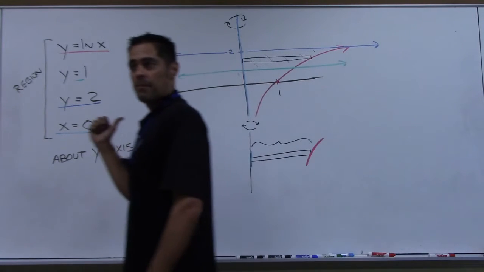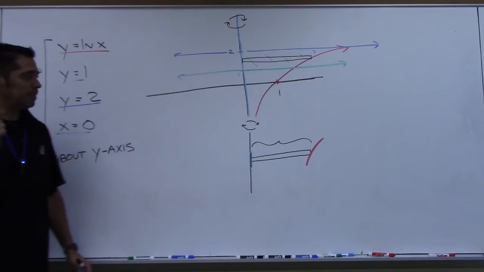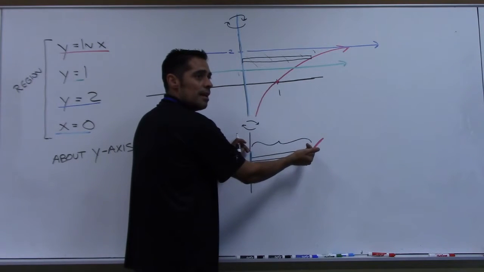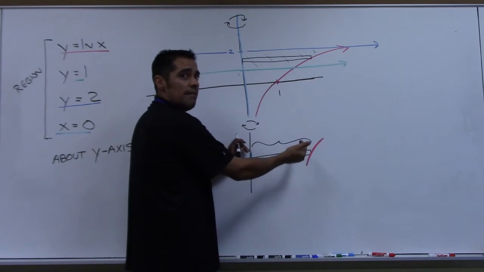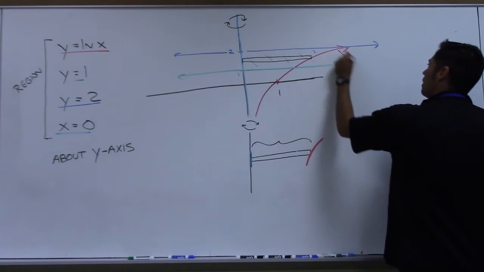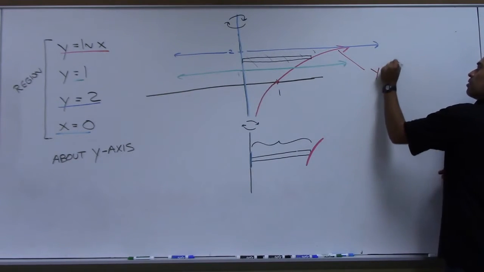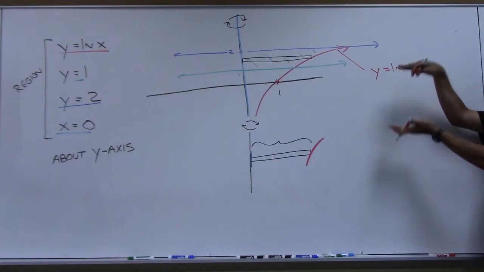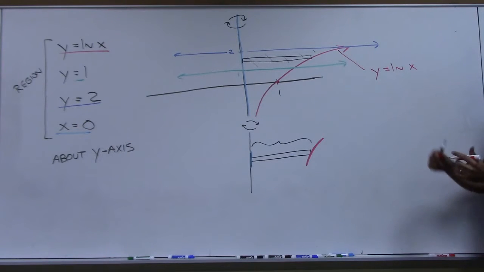Because we're going sideways, the distance from here to here has to be written as a function of y. The way the problem was presented, this was given to you as y equals natural log x. That would work perfect if it was a vertical rectangle. The height would be natural log x. So how can I get this solved for x?